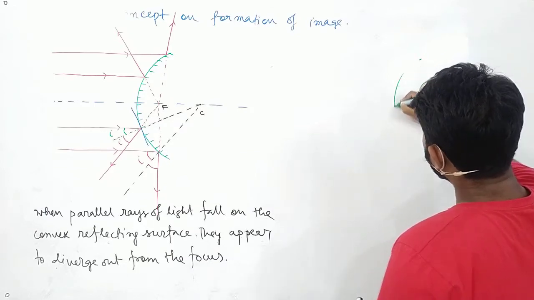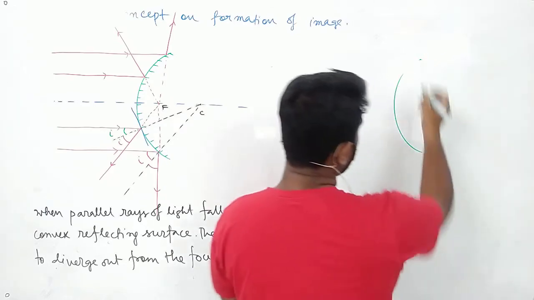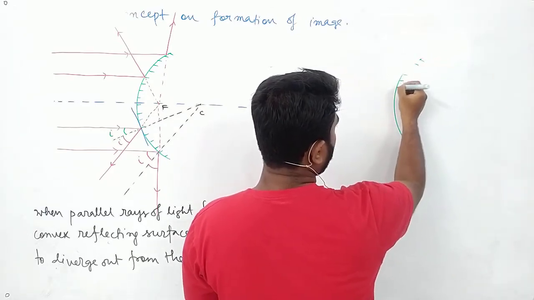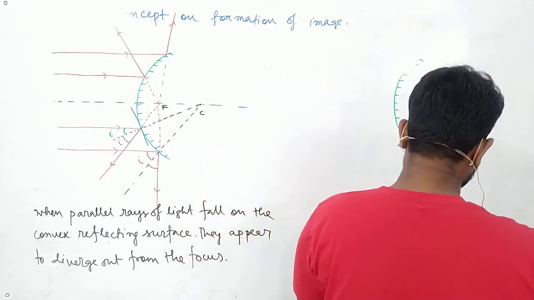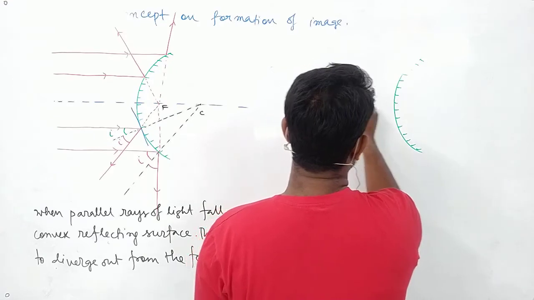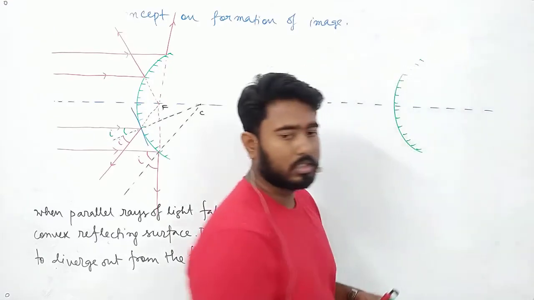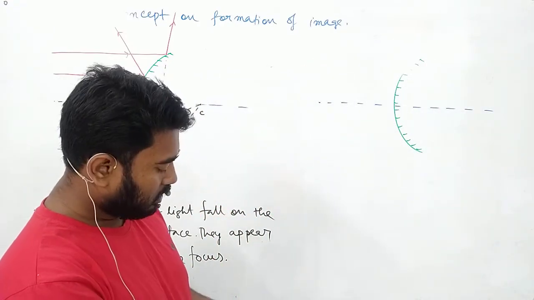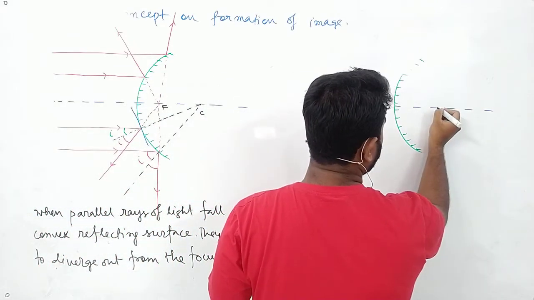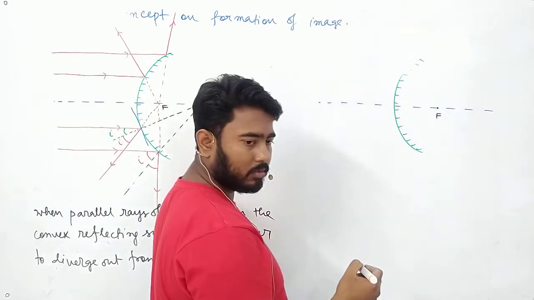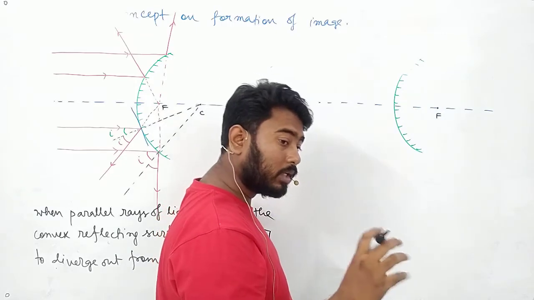Okay, now if I give you a diagram like this one, suppose this is my convex mirror and suppose this is the principal axis. What will happen if this is the focus? Try to understand what I am telling.